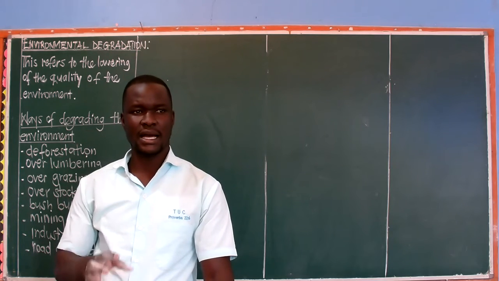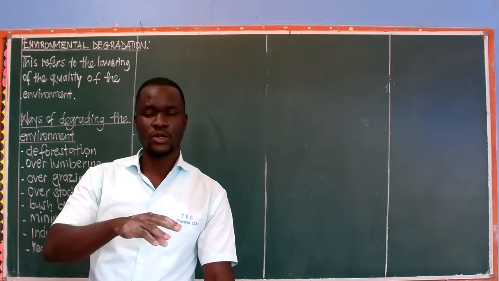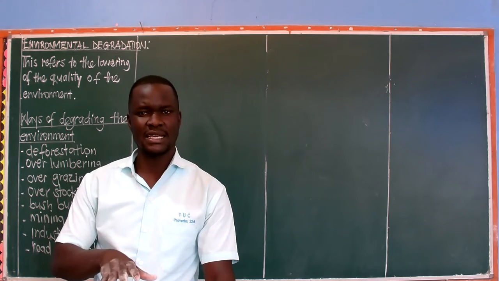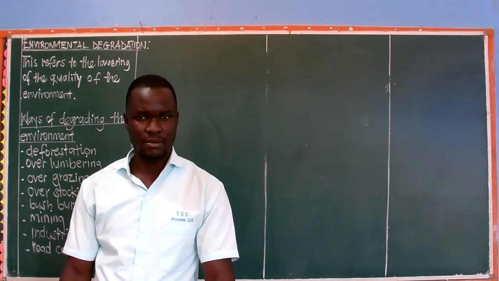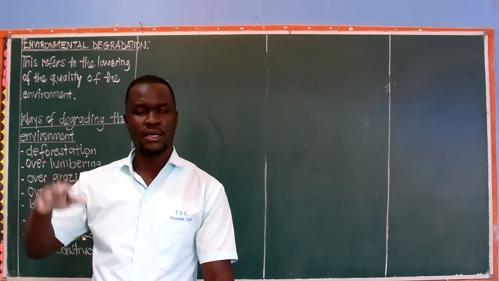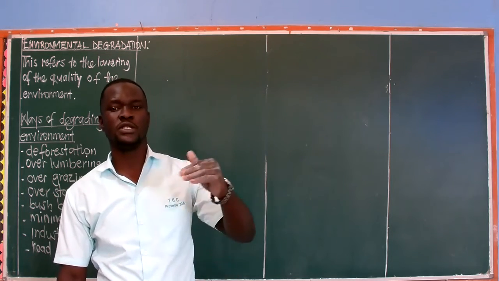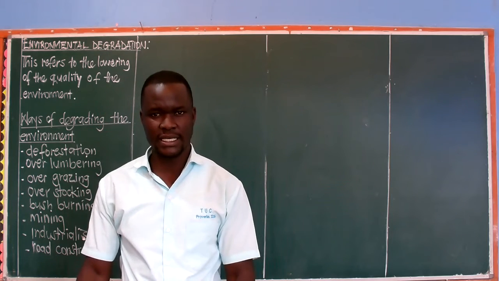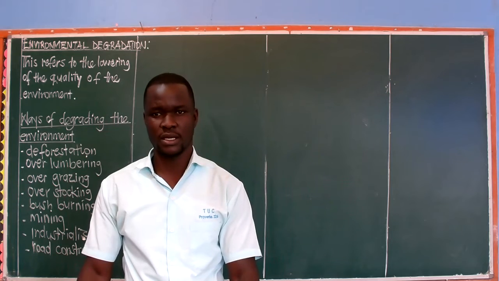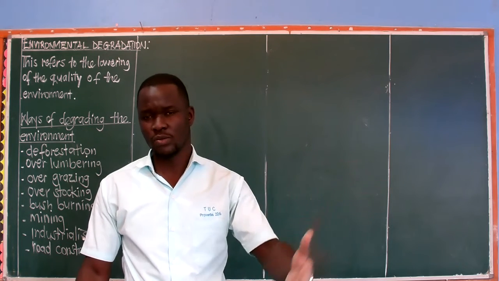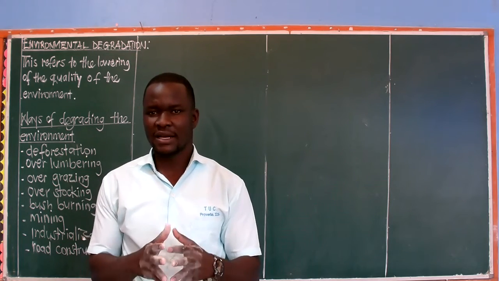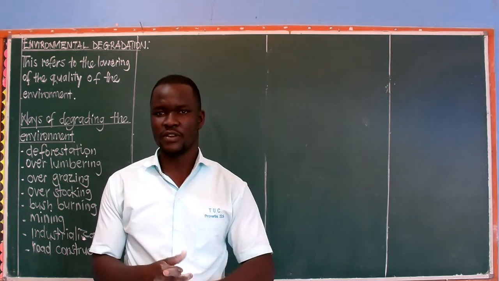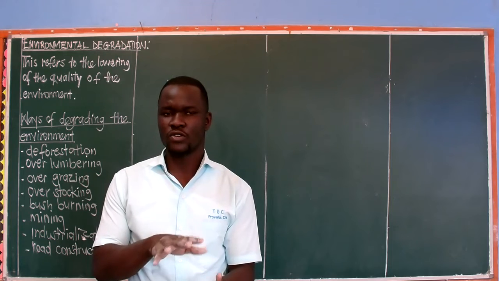That can be achieved through teaching people family planning methods such that they don't overproduce children. Because when they overproduce children, these children are the ones who are going to be in the future lacking where to settle, and they end up going to clear forests so that they get areas to settle, to build their houses or homes. So that is another way we can try to reduce deforestation, having controlled population growth.